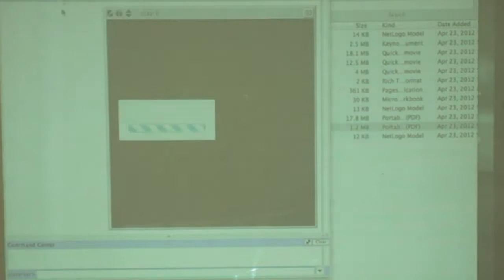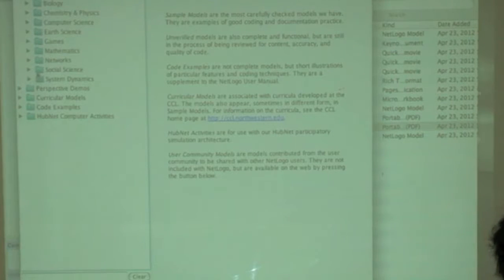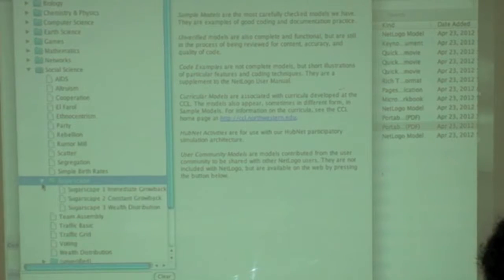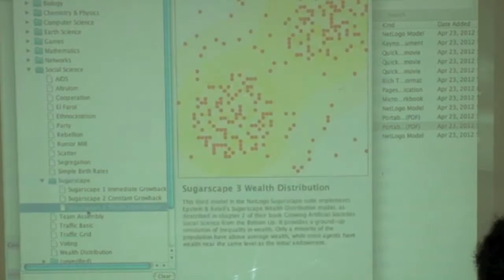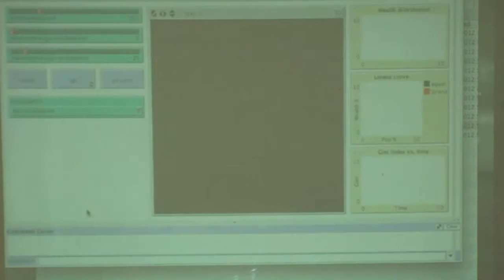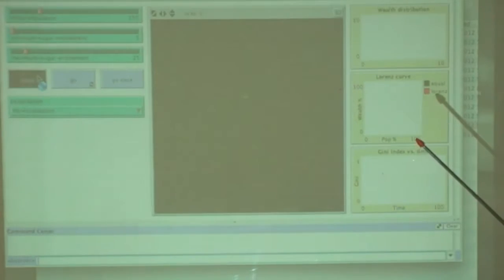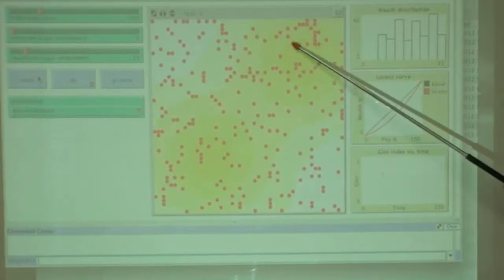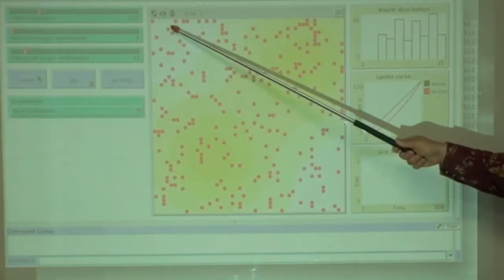So now I want to show, in NetLogo, the Sugarscape model. Such an area is rich in sugar, and this area has no sugar.